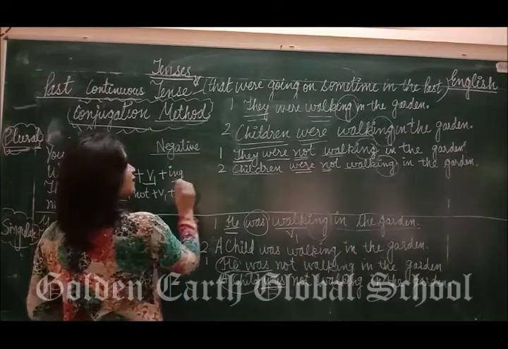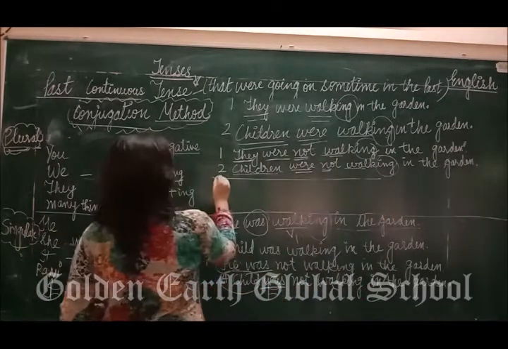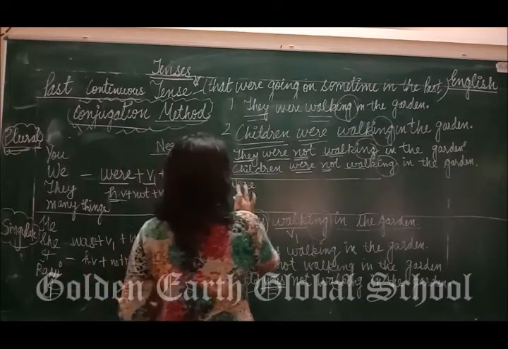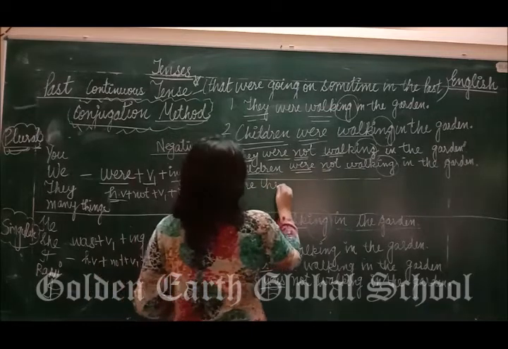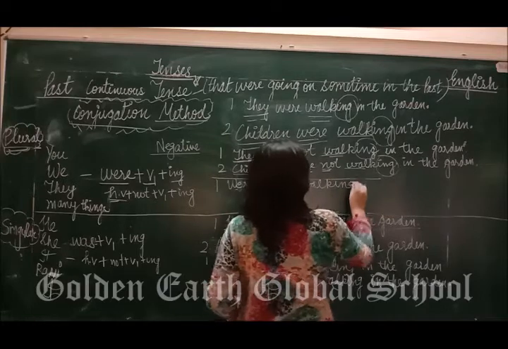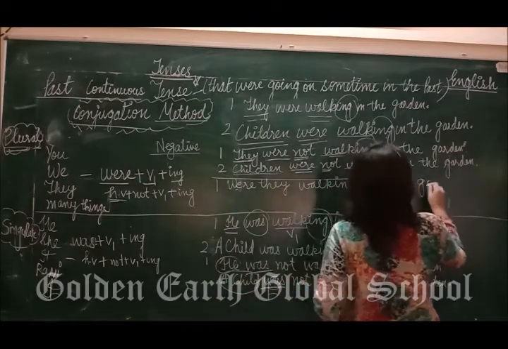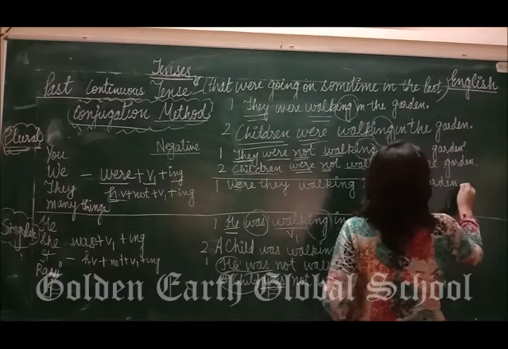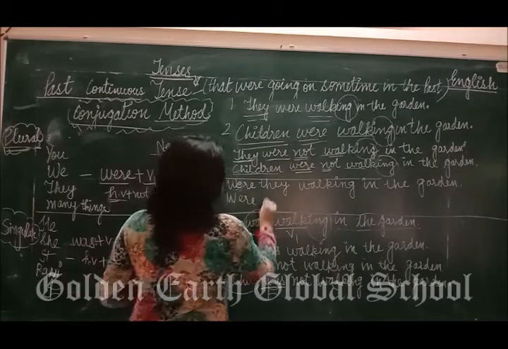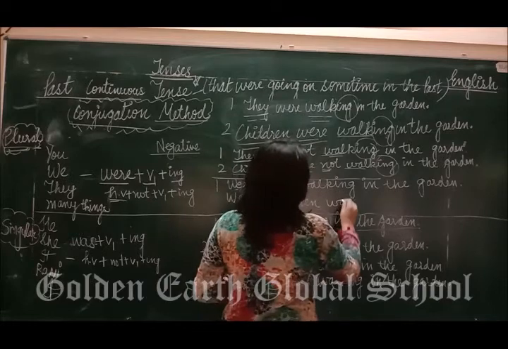Now if we talk about the interrogative sentences, what do we use? We use helping verb in the beginning. Were they walking in the garden? Were children walking in the garden?